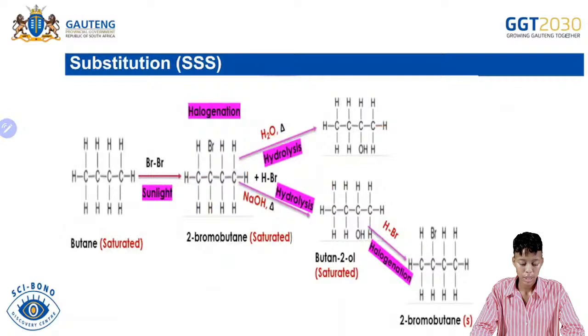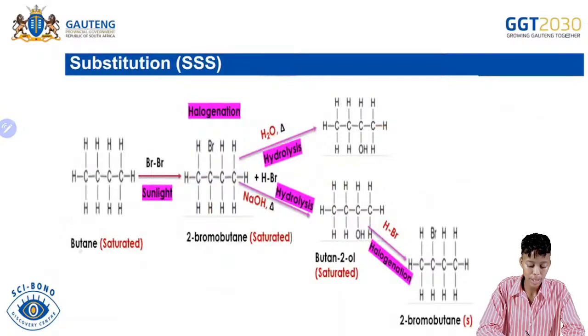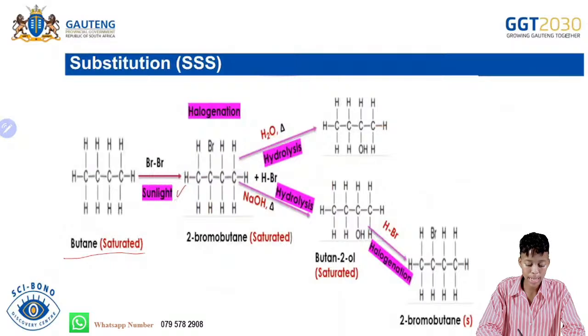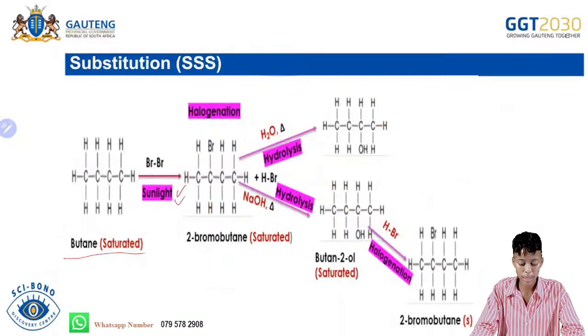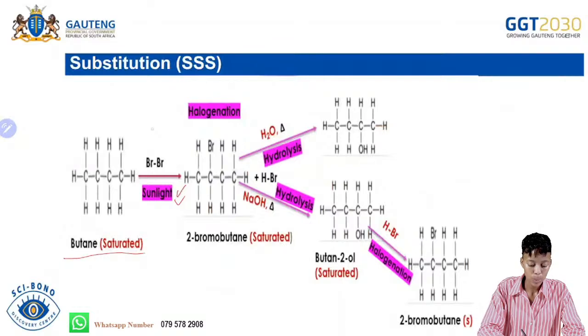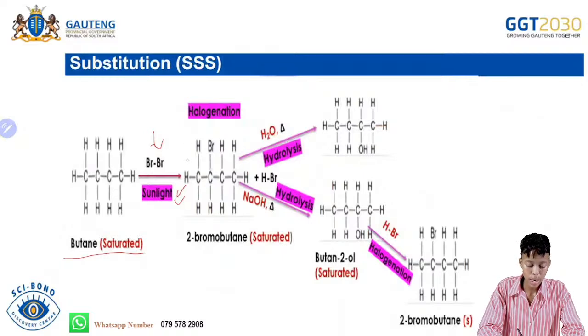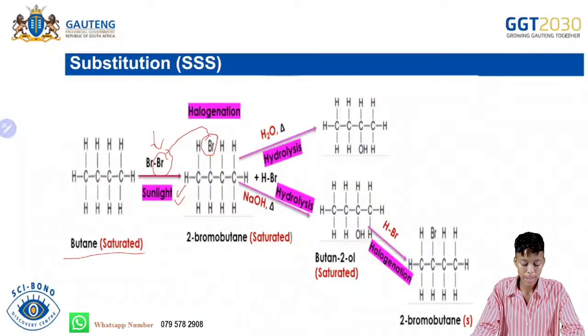For a substitution reaction, we are given a butane, and our butane is saturated. We have sunlight as our reaction condition, and we are going to be substituting Br. Okay. So from here, what is it that you are going to do? With substitution, we are just going to be substituting the one bromine there.